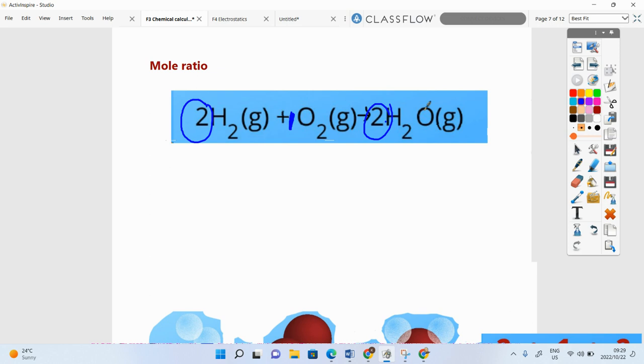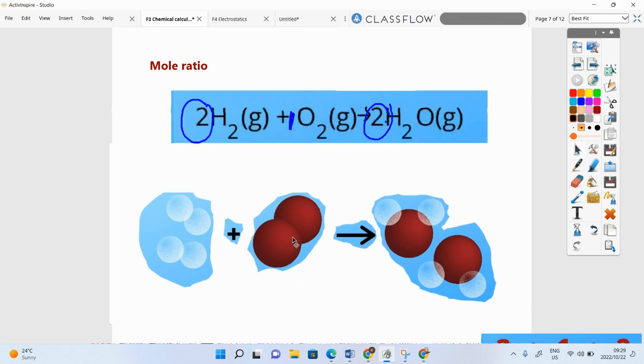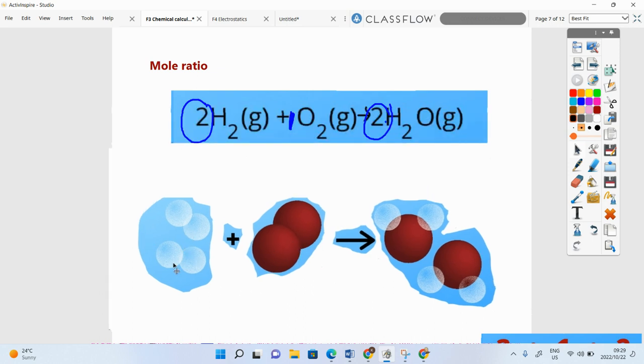Moles. It is moles, but actually it's just particles, remember? So if you had 2 hydrogen particles, they would react with 1 oxygen particle and they would form 2 water particles. You did this in grade 8 when you did particle models.